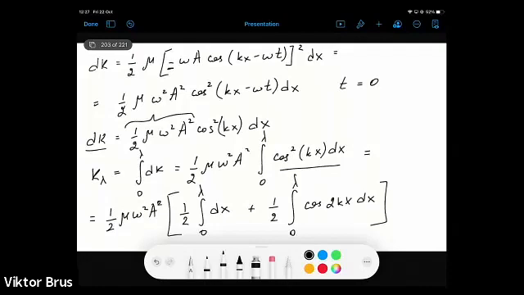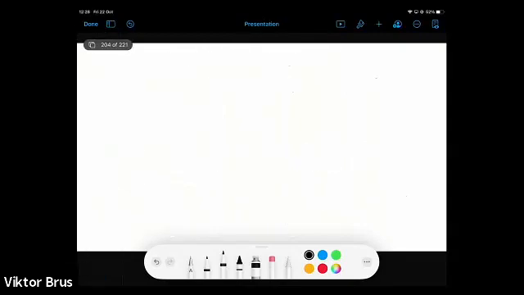Okay, so now let us focus on these two integrals. So that will be equal. Let's go to another slide. So k lambda is equal. Again, we write down our constants, which will be 1/2 times mu omega squared a squared.